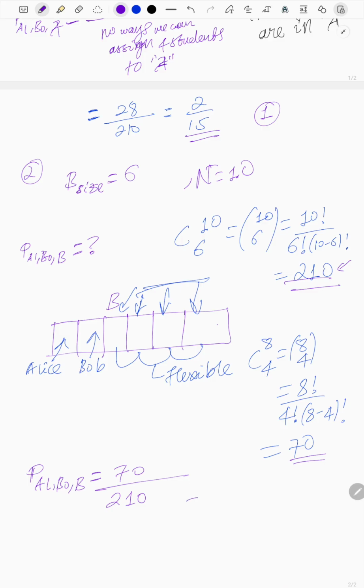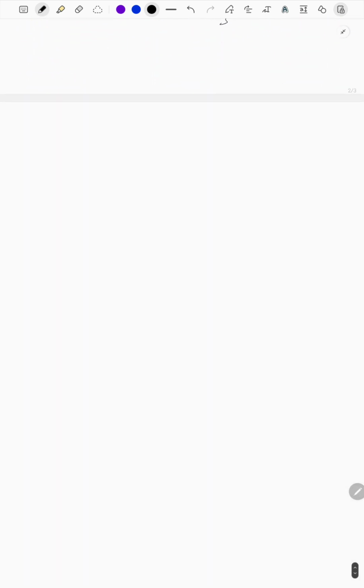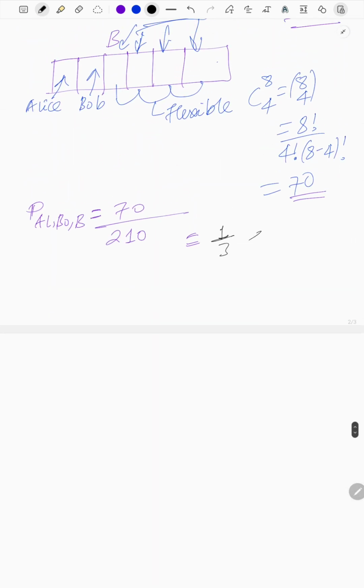If you simplify it using a calculator, 70 divided by 210, it's going to be 1 over 3. This is one third. Okay, so we are done with the second question.